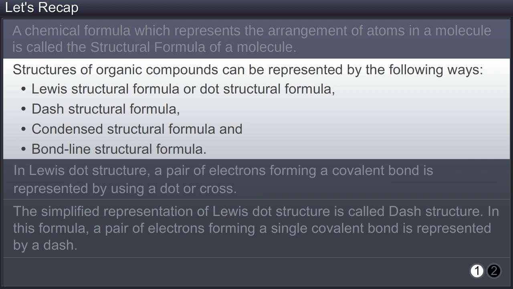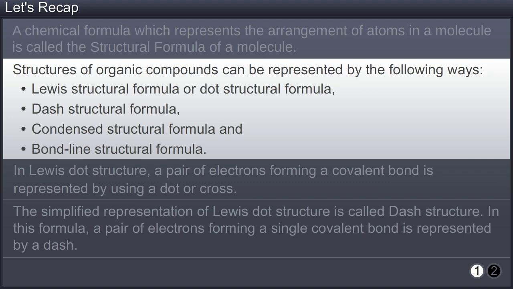Structures of organic compounds can be represented by the following ways: Lewis structural formula or dot structural formula, dashed structural formula, condensed structural formula, and bond line structural formula.